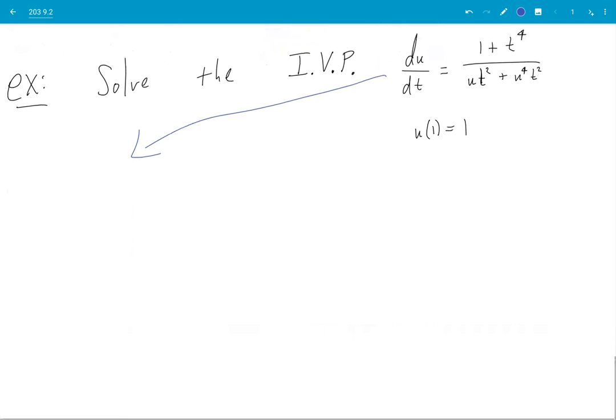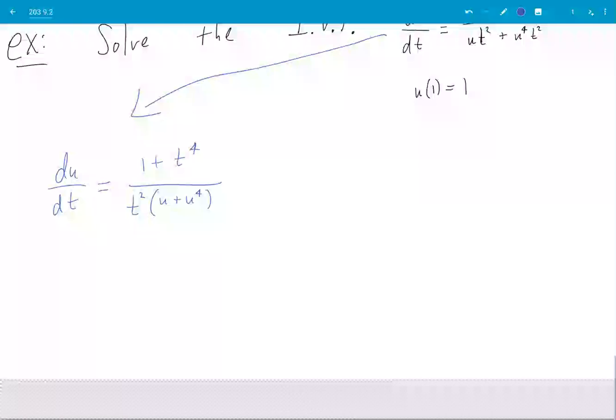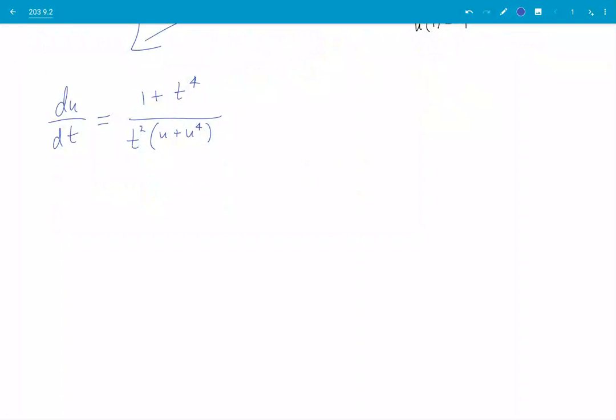Okay, separating the variables, we get, well, I'm going to need a factor first. Okay, this is a wrinkle that appears on occasion. You have to do some factoring. So I'll take a t squared out of the denominator, u plus u to the 4. All right, now I can separate.